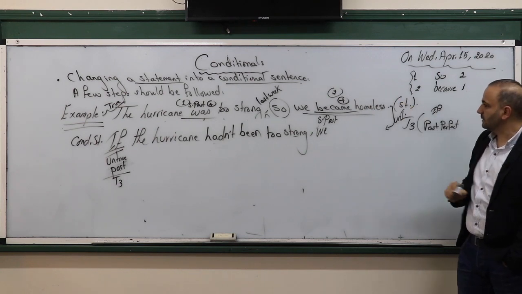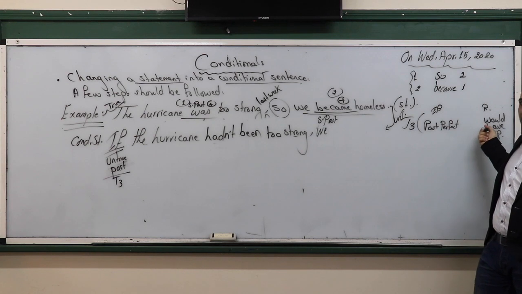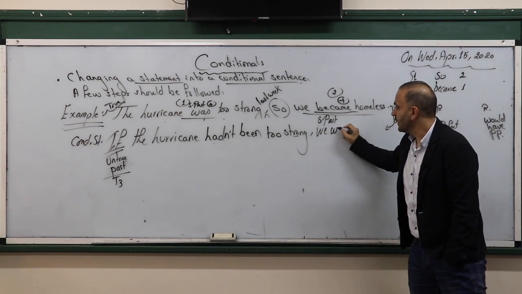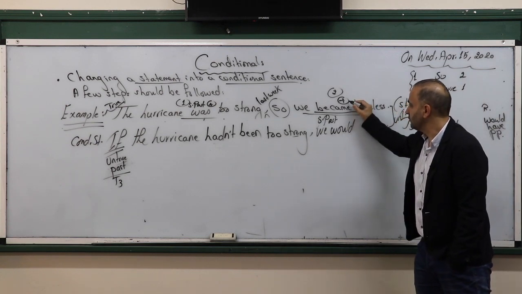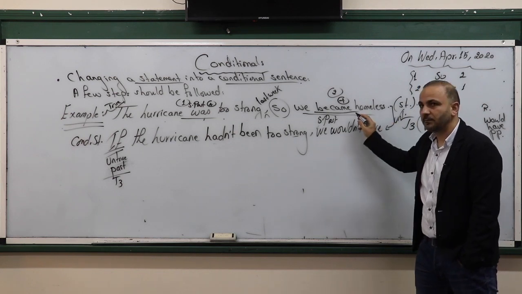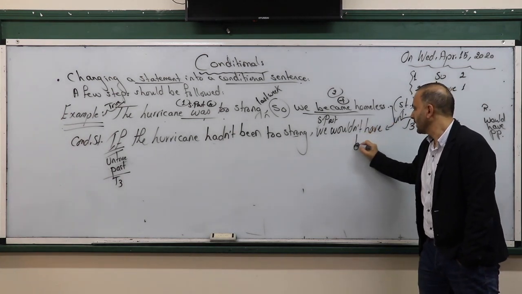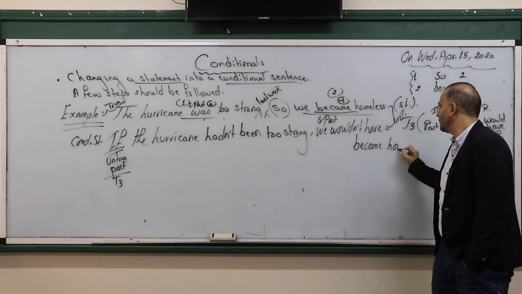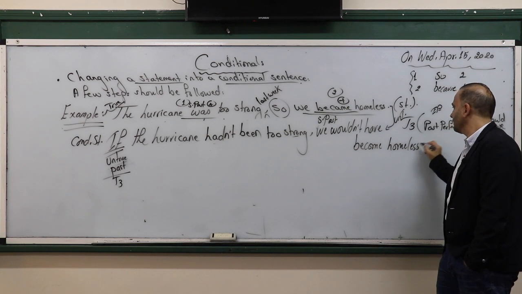It becomes untrue. The result of what? The result of type 3. So we wouldn't, positive, negative. We wouldn't have become, wouldn't have become what? Homeless.